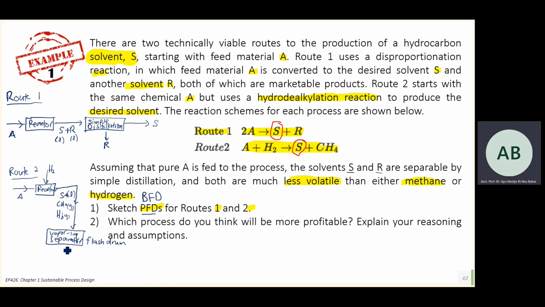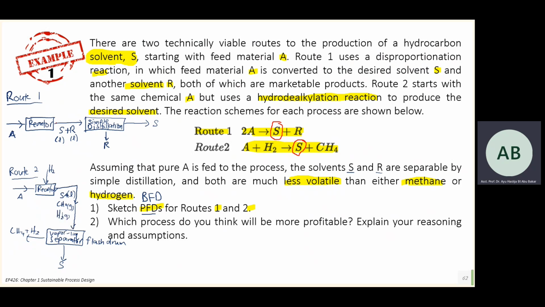So you will have your S and the gas, CH4 plus H2. Okay, so now you have your S. The H2 you can consider or not consider in your product stream.